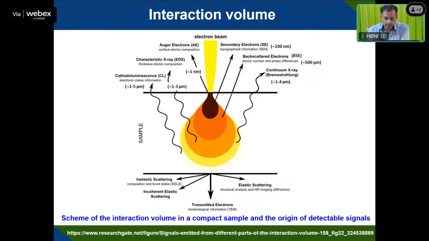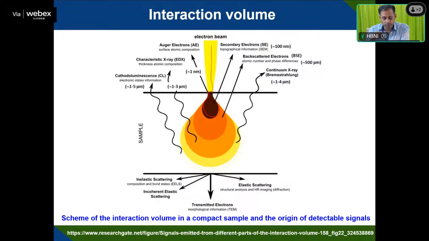You can see here that the electron beam is coming in, and this is the interaction volume, with the different interaction volumes I have shown here. From the top surface up to a depth of about 1 nanometer, mostly secondary electrons are produced, and Auger electrons are produced on the top surface.